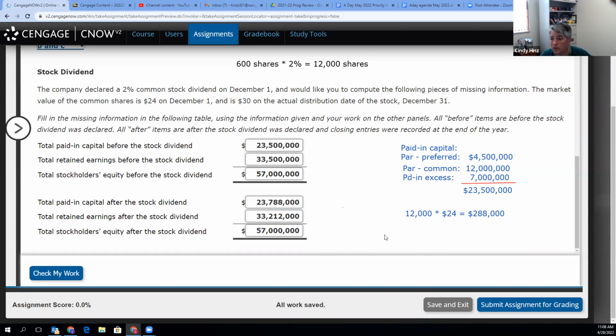And so the total stockholders' equity remains unchanged, but the distribution or the split between paid in or contributed capital and the retained earnings is different. We move the value of the dividend from retained earnings into contributed capital.